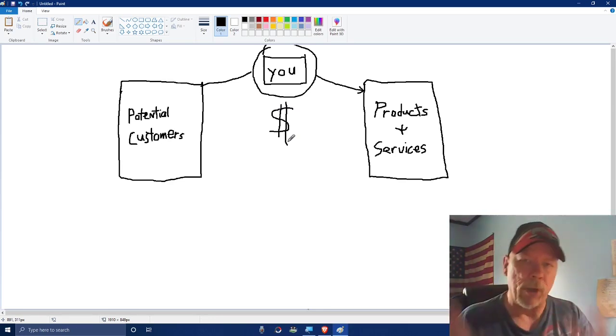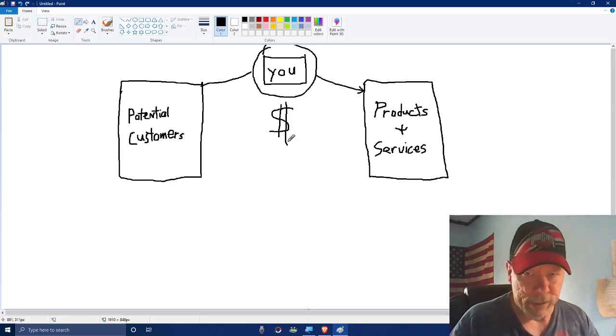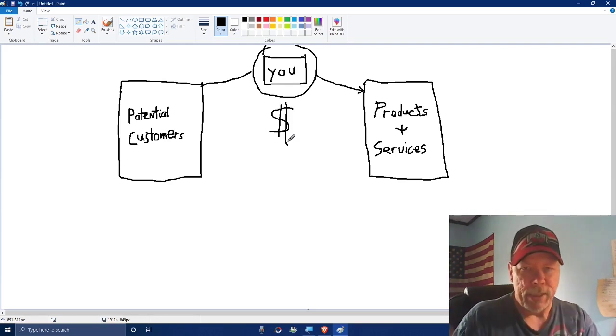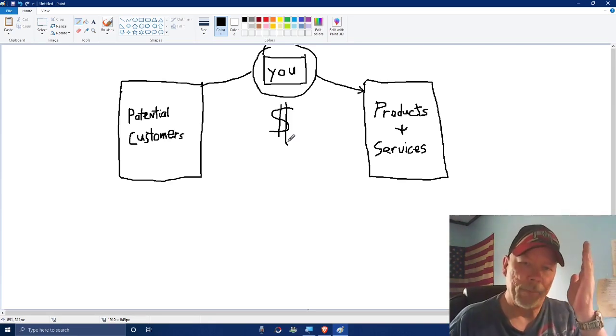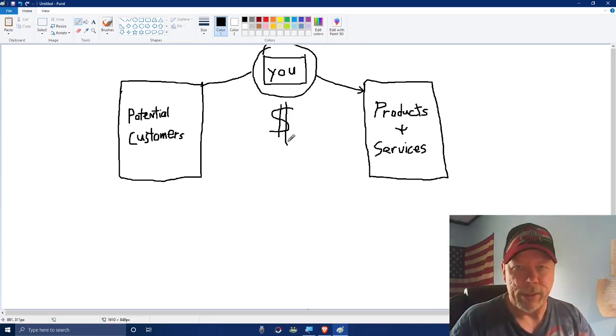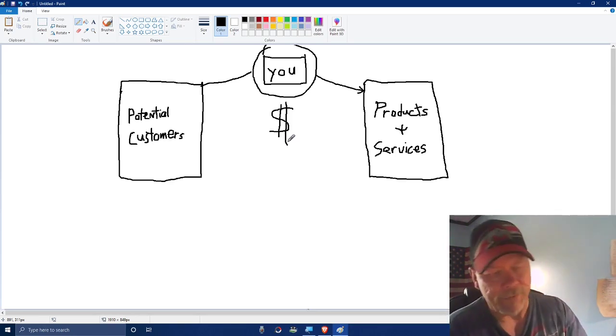Now you can have your own product, you can sell other people's products. Most people do it by selling other people's products, but if you have your own product, it's the same thing. You create your own product, sell it for a certain price, and connect potential customers who want and need your product. It's the same thing. It's called affiliate marketing.